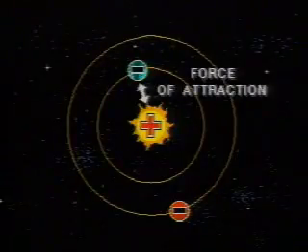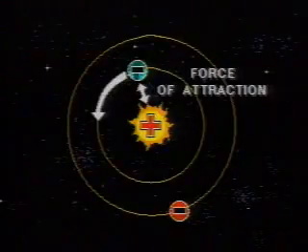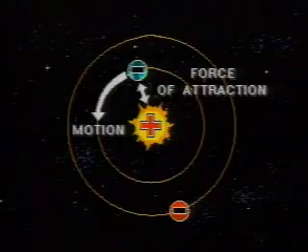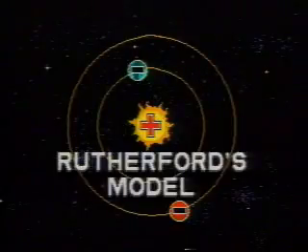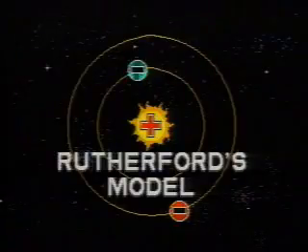The force of attraction between the electron and the nucleus prevents the electron from flying off into space. But it is not great enough to cause the moving electron to spiral into the nucleus. Rutherford's model represented a significant step forward in our understanding of the atom. But in the end, it presented problems.